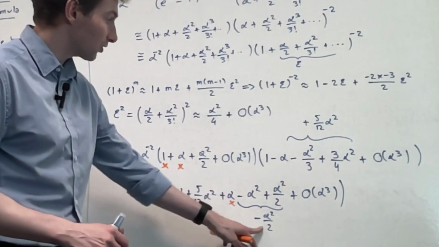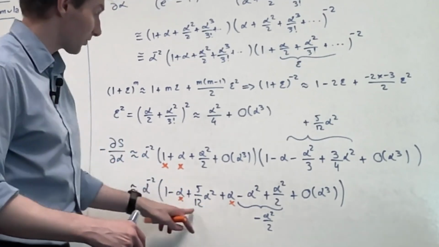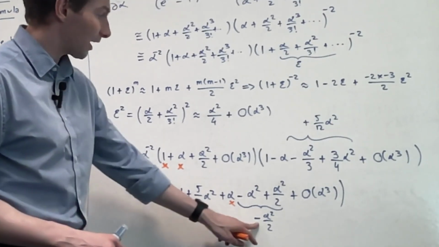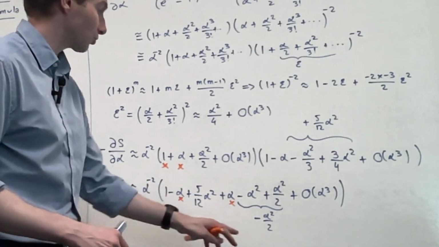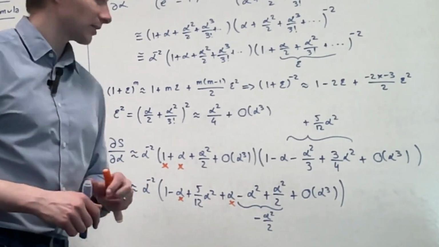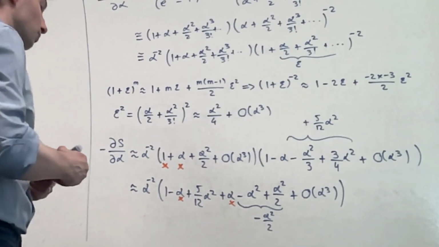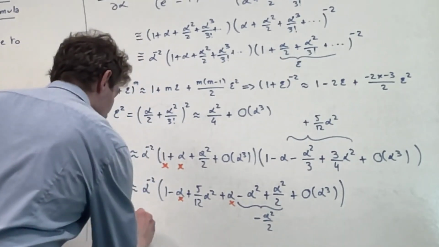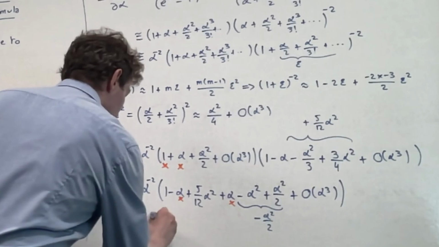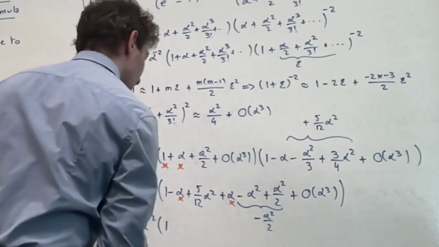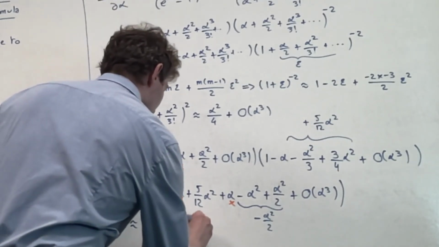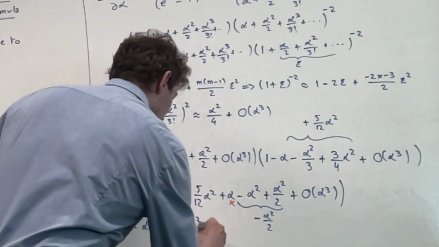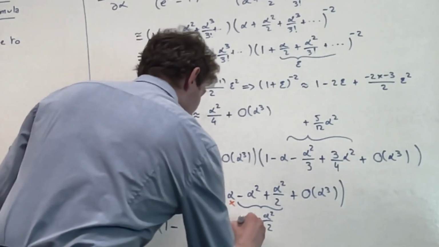Now I just need to multiply that by 6 to get something out of 12. So I get minus 6 alpha squared over 2 plus 5 twelfths over 2. So what I'm getting is basically alpha to the minus 2, and then 1, and then minus alpha squared over 12 plus some order alpha cubed.